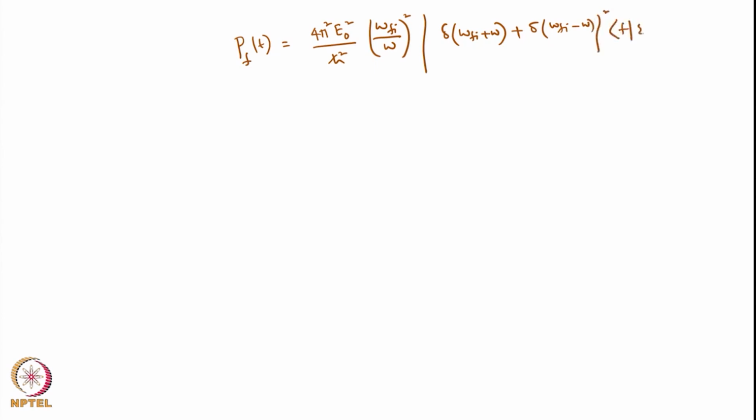Toward the end of the last lecture, we showed that the probability of transition to a final state F is given by 4 pi square E naught square by h bar square, omega Fi by omega square, delta omega Fi plus omega plus delta omega Fi minus omega square, modulus of F epsilon dot mu dot I whole square.